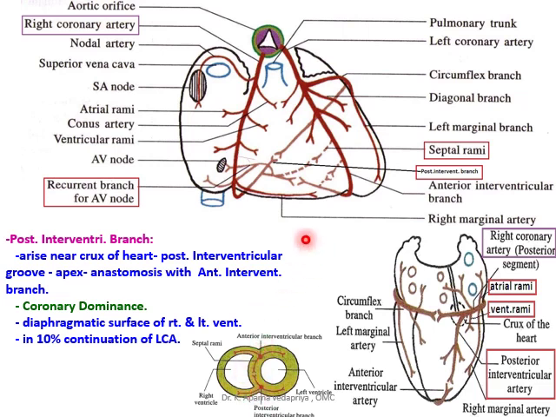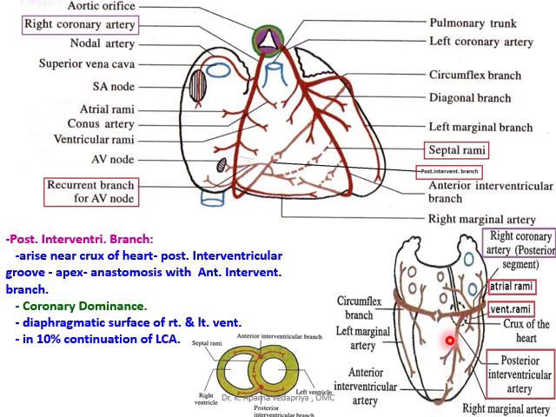That is the reason this branch has its name coined as the posterior interventricular branch.